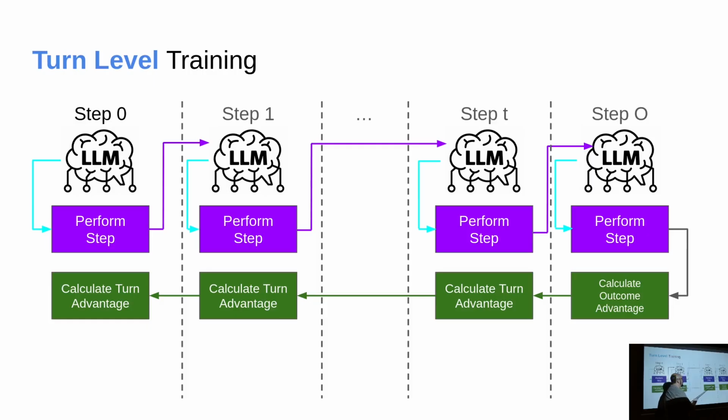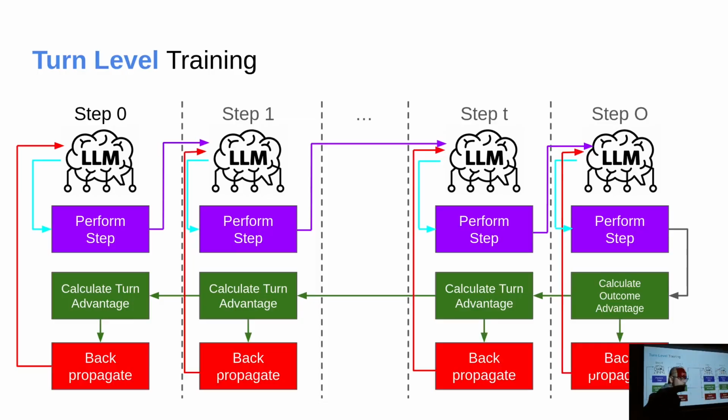We calculate a turn-specific advantage for time step t, all the way back to step 1 and step 0. So we have different advantages for every turn now. We use those advantages to plug into our objective function, and then calculate a new loss for each individual turn and backprop across the same model separately for each turn we took.